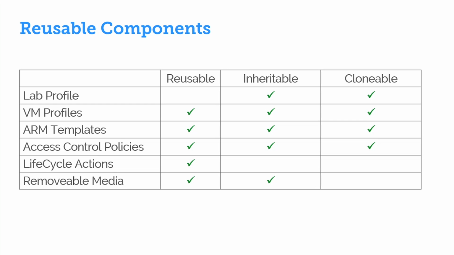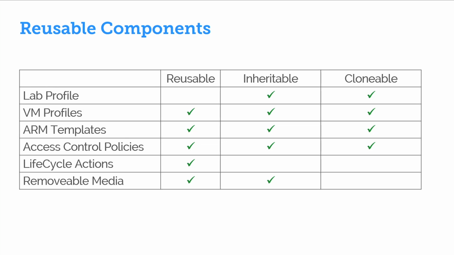will offer the ability to make changes to that profile, the new profile, without affecting the original. VM profiles, ARM templates, and access control policies can be reused, inherited, and cloned as much as you need. Lifecycle actions do not carry over from an inherit and do not have a directory that they can be pulled from.